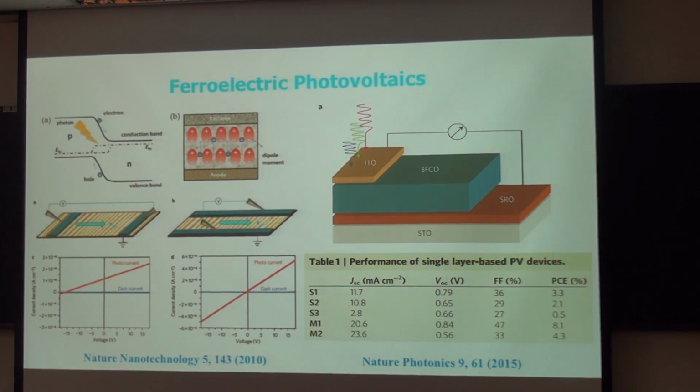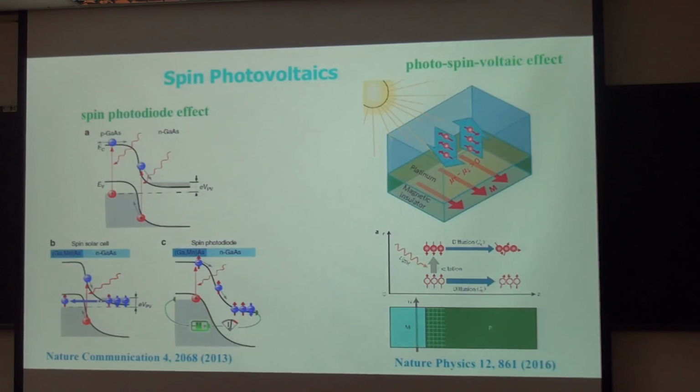This is the highest power conversion efficiency ever reported for this ferroelectric system, and their findings are very exciting. And after this, many groups have moved to ferroelectric photovoltaics to upgrade the power conversion efficiency.